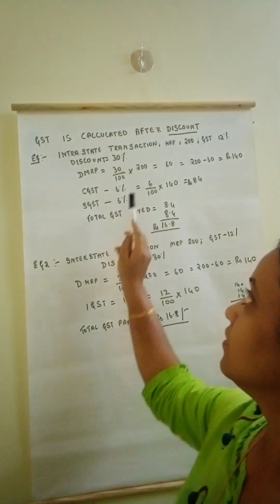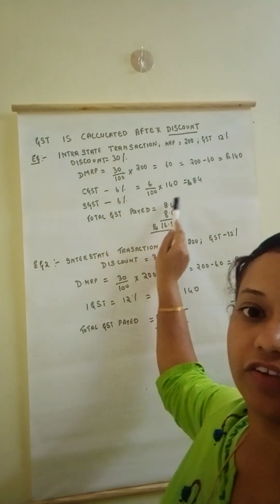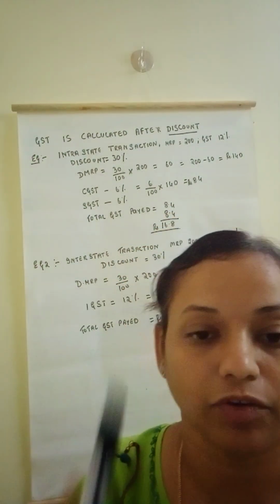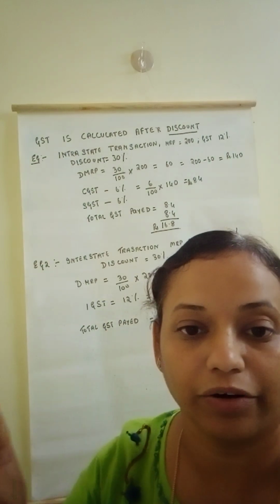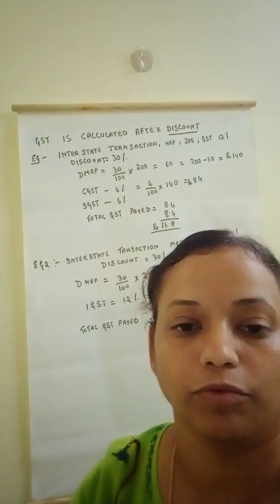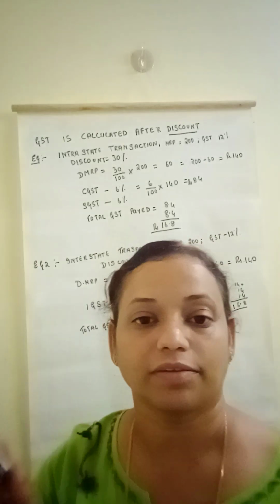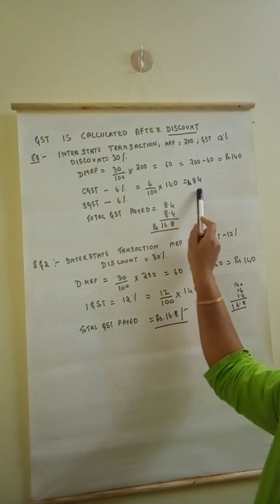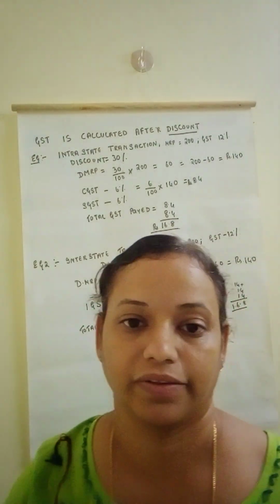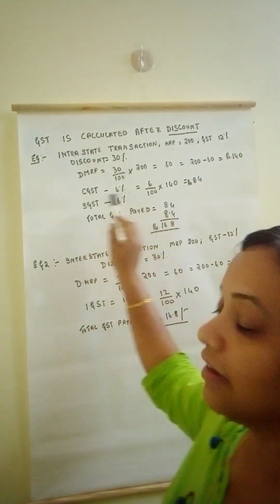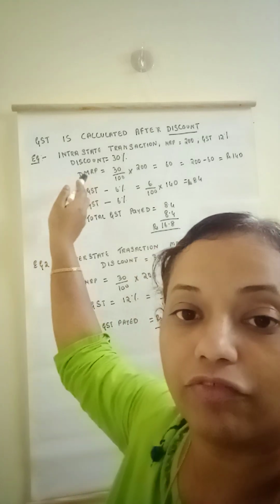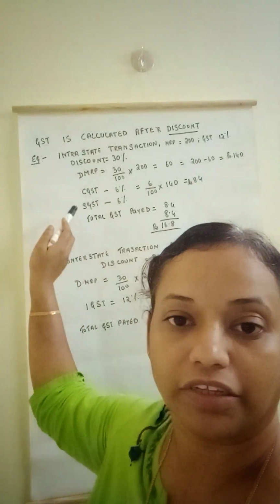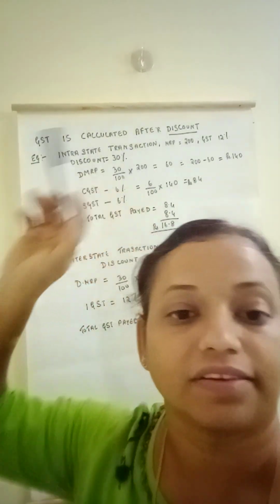So if it is 6%, how do we calculate? 6% of 140 rupees only, not of the 200 rupees, because he's got a discount on that. So 6% of 140 he needs to pay, which amounts to 8.4 rupees. So 6% is for the central government. Again another 6% he pays to the state government.